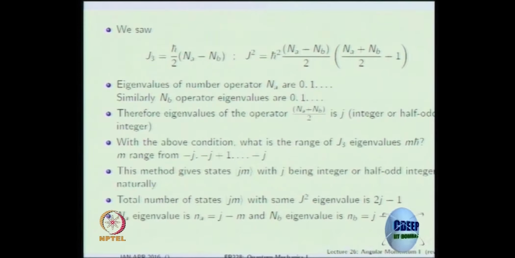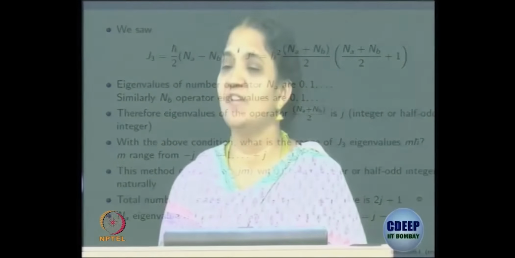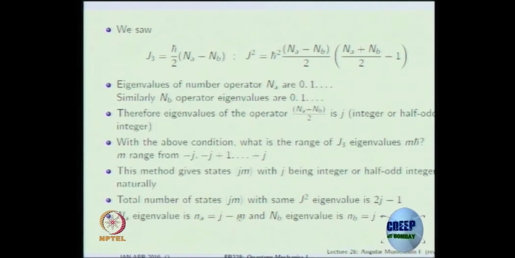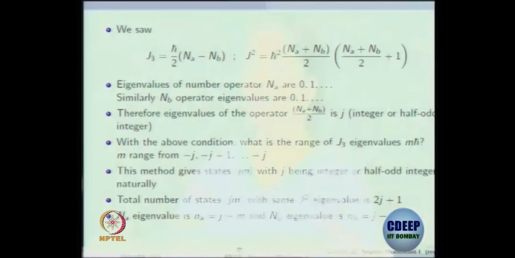J minus m has to be an integer. If j is half odd, then m also is half odd. So the difference between two half odds will be an integer, or the sum will be an integer. Very beautiful. Conversely also it is right, it is consistent. If you start getting the number operator eigenvalues to be half odd integers, we are stuck. We can't use this.